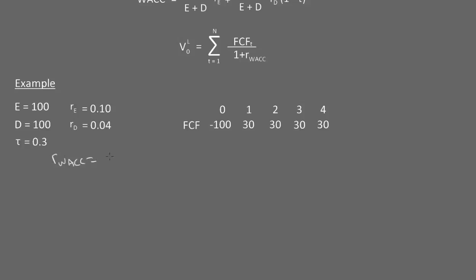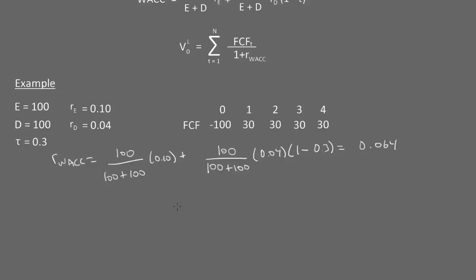Now using the formula above, we have E over E plus D, times RE, plus D over E plus D, times RD, which is 4%, multiplied by 1 minus our tax rate. That gives us 6.4%.